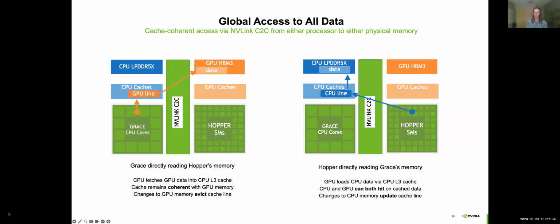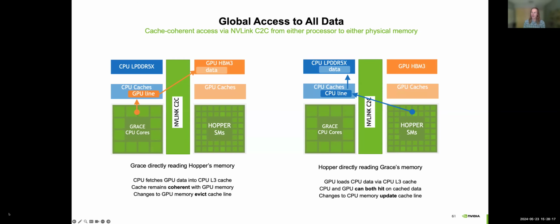The cache is coherent with the GPU memory, and any changes to the GPU memory will evict the CPU's cache line. So as long as the CPU is only touching GPU memory and no GPU threads touch it, you will get CPU L3 cache performance from a piece of data with a GPU address.